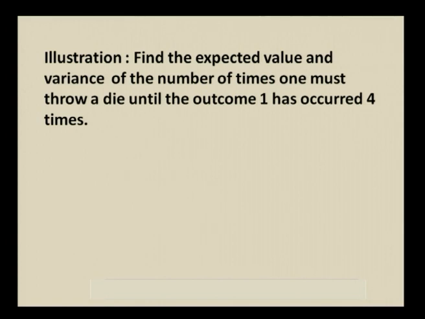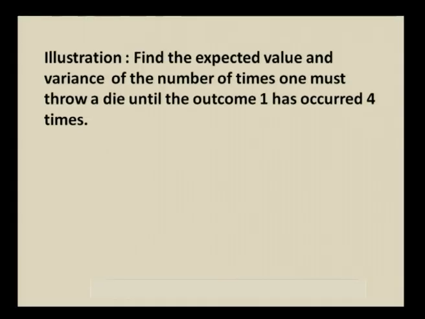Here nothing is specified that you use negative binomial distribution or binomial distribution. It will not be specified. Understanding the concept, understanding what has been asked, you have to decide that this particular problem has to be done with negative binomial distribution.